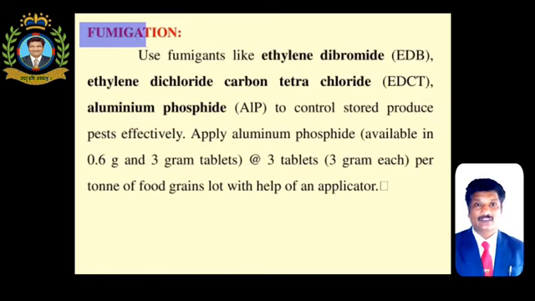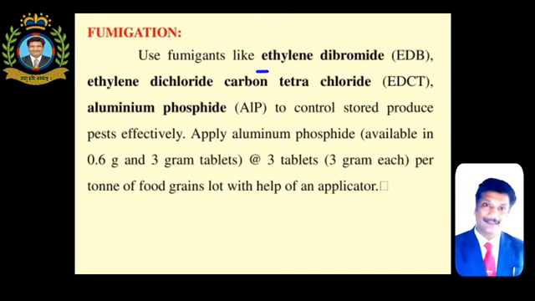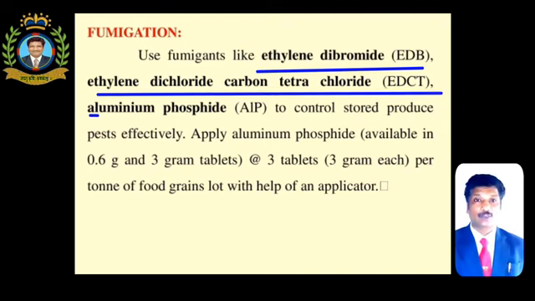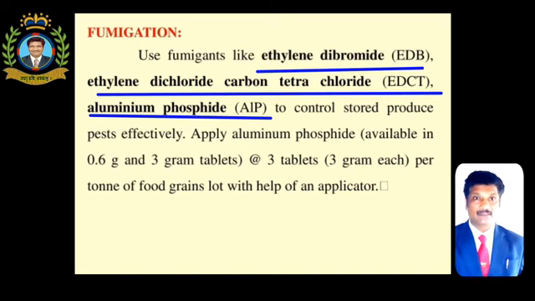Fumigation. This is the most preferred method. Chemicals which get converted into fumes after being applied and can reach every part of the stored produce are mostly preferred, such as ethylene dibromide known as EDB, ethylene dichloride carbon tetrachloride known as EDCT, and aluminum phosphide known as AlP.